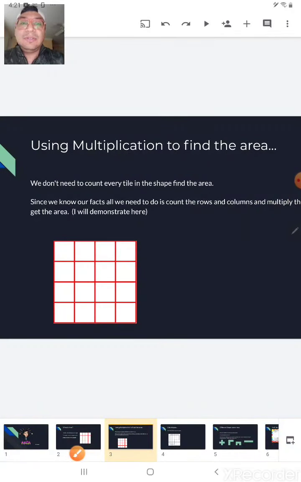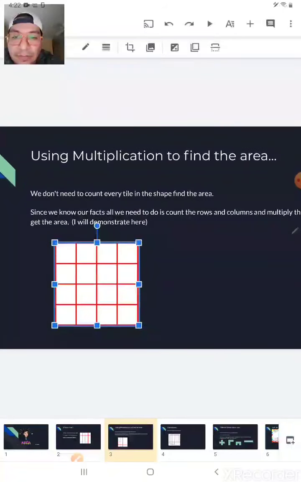Using multiplication to find the area. So how do we find this area? Well, for starters, we could count each square that's inside that shape. So let's do it that way to figure out the area.